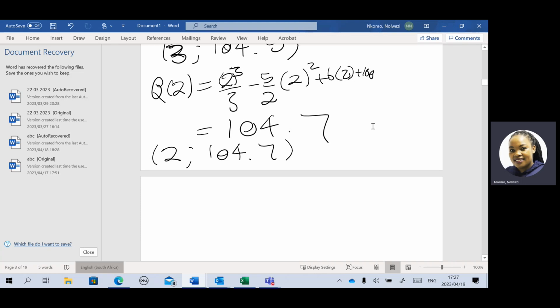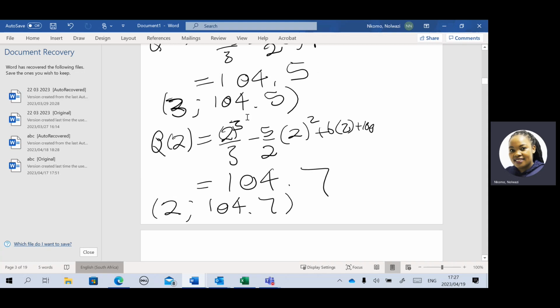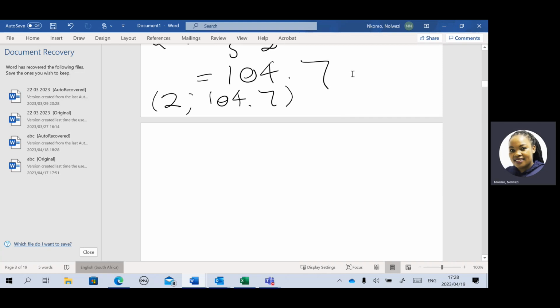And then, remember, after finding our turning points, the next step is to determine whether those turning points are minimum points or maximum points. To do that, we need to use the second derivative test, right?